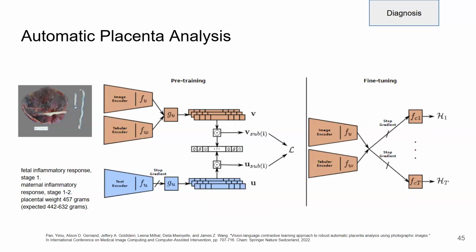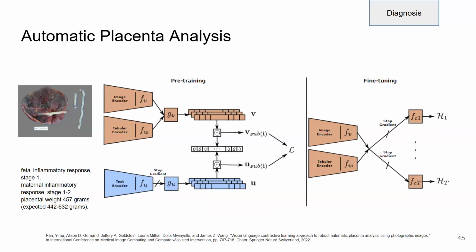What you do here is you input the image, input the medical report or path report, and you do contrastive learning. But here we propose something also to reduce the chance your model might collapse, because it only needs one dominant feature to distinguish between positive and negative pairs.